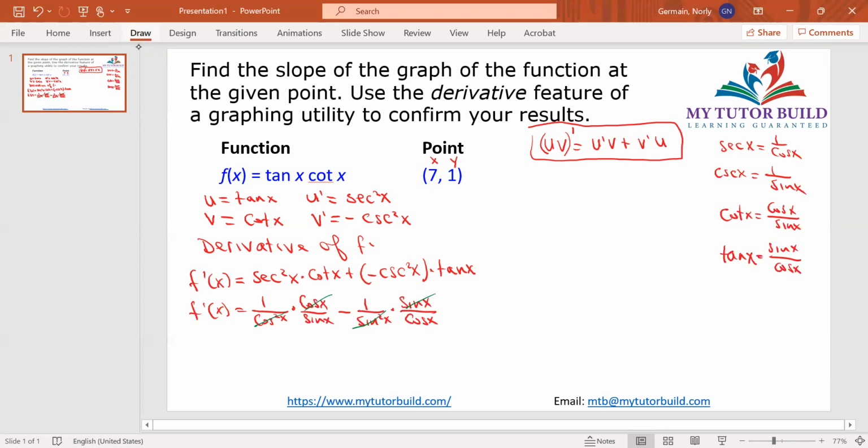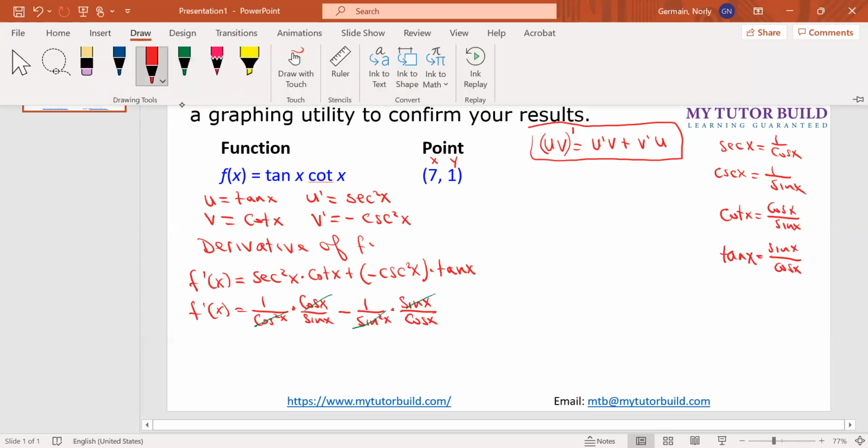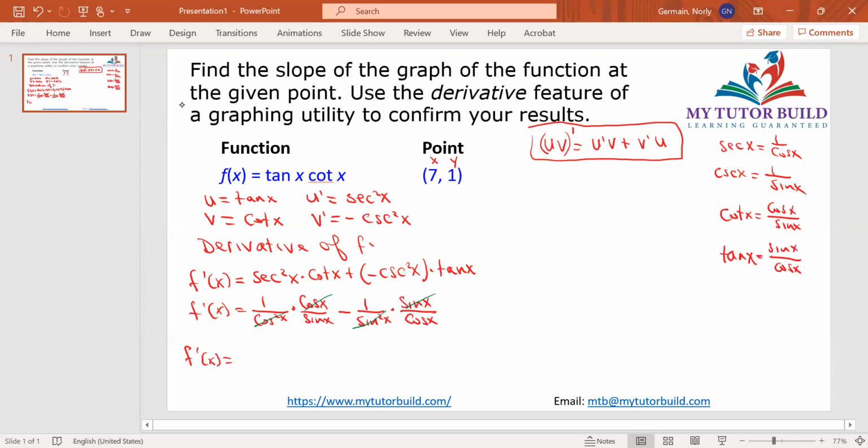So what we have left for the derivative of f is 1 over sine x cos x, minus, because I cancel out the sine in the top and one at the bottom, I have 1 over sine x cos x left, because I had sine x twice.